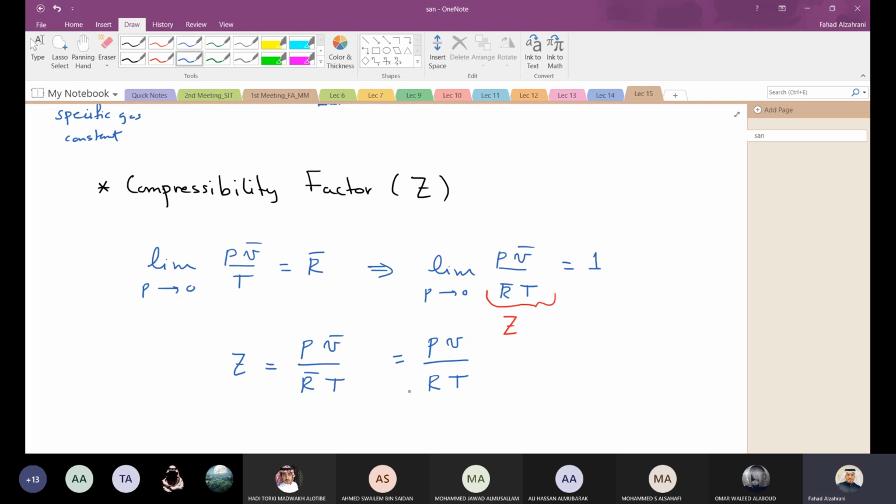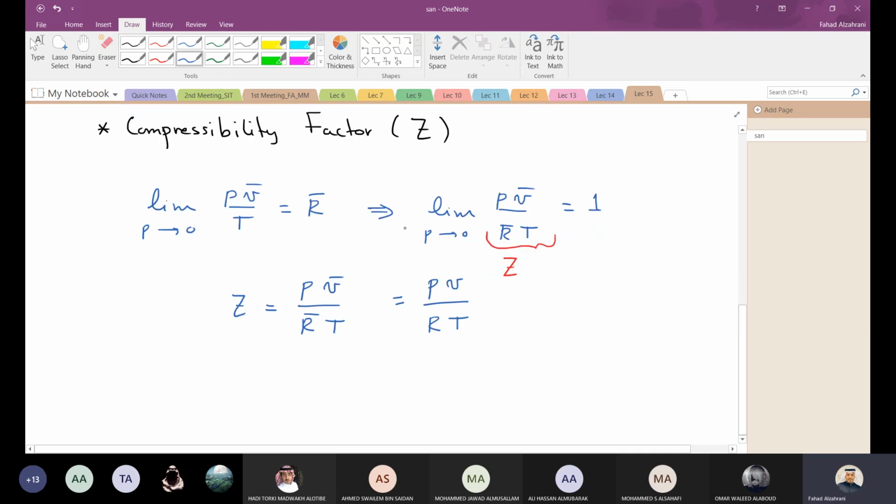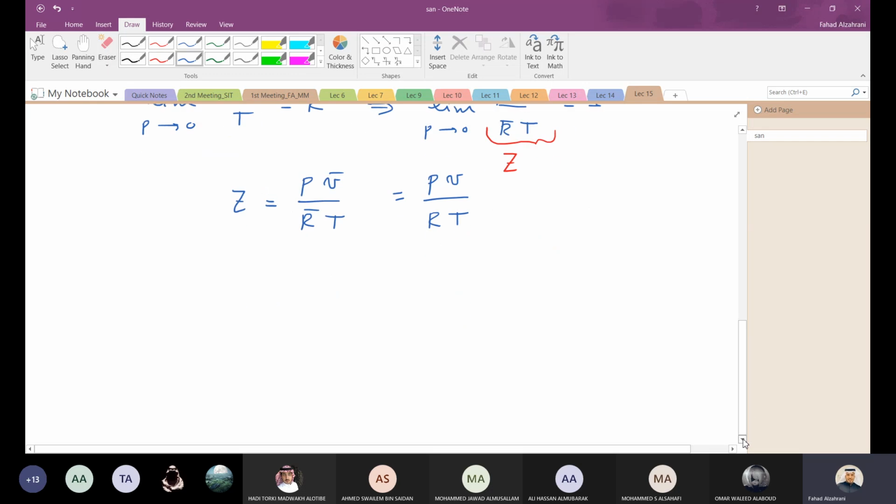Okay, let us plot this Z. Remember, the limit of Z goes to 1 as P goes to 0. So as P goes to 0, Z tends to be equal to 1. Let us see how this Z looks.